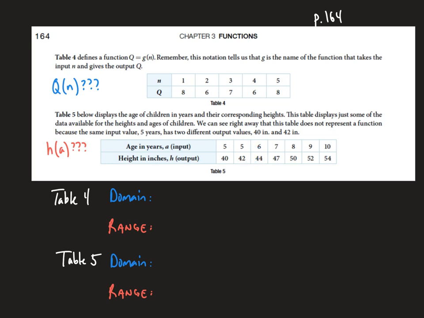And so is the height a function of age? So for every input, is there only one output? And so this is actually not a function, because these two have the same input but different outputs. And that's not okay. So in this case, height is not a function of age. Okay?